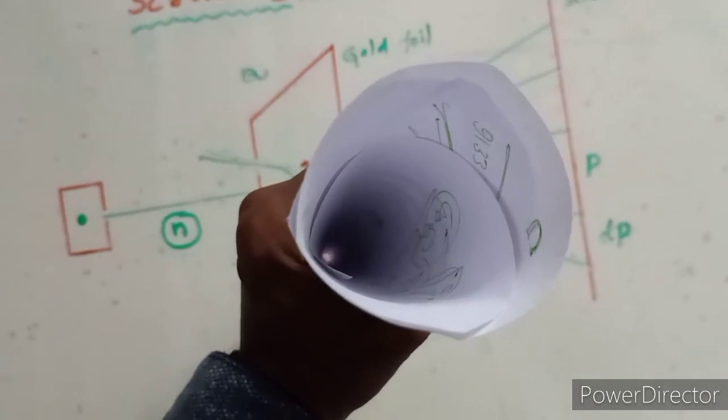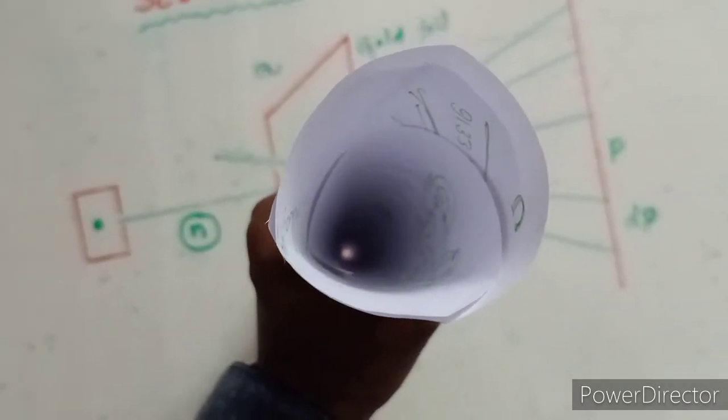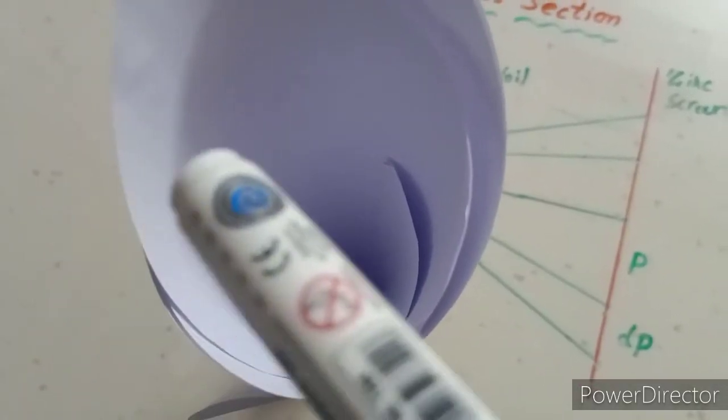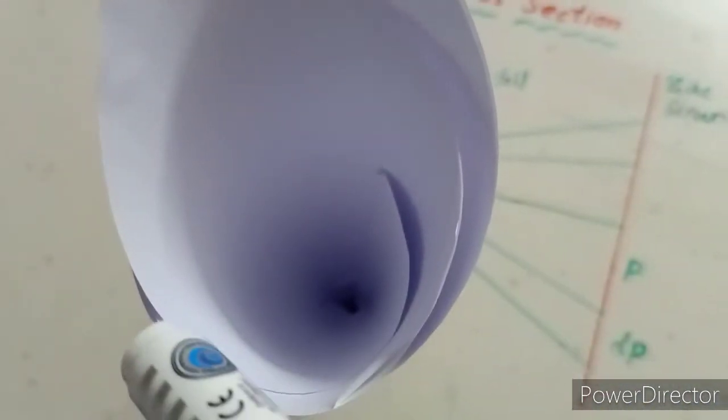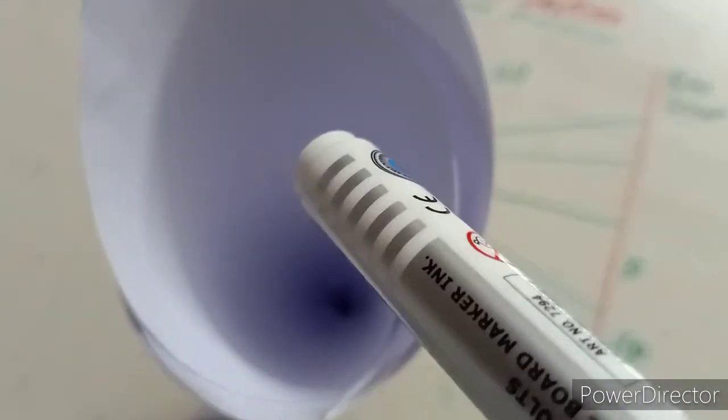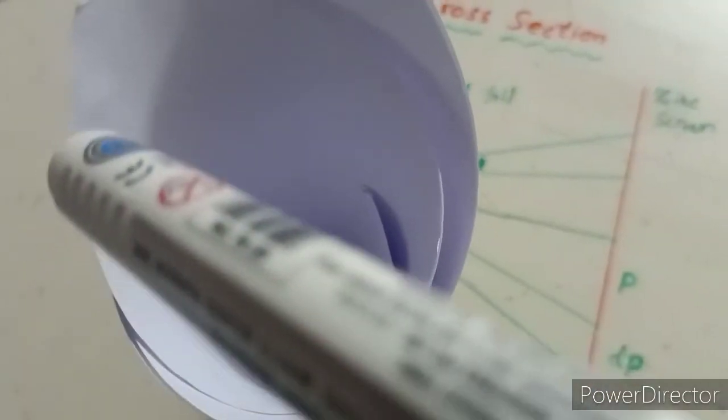So the alpha particles are scattered through the shape of a cone. This is the zinc sulfide screen. This is in three dimensions. The alpha particles scattered from the gold foil strike this zinc sulfide screen.